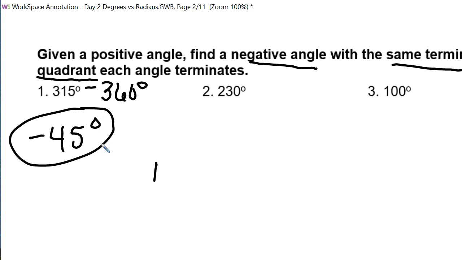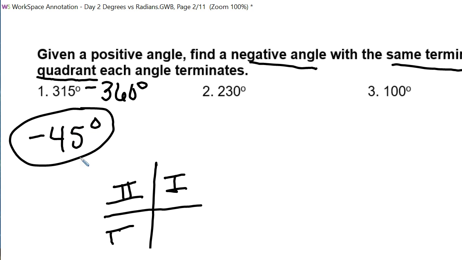So let me sketch a coordinate plane over here. And we're using negative rotation. Let me label the quadrants first. Here's quadrant 1, quadrant 2, quadrant 3, and quadrant 4. 0 degrees.